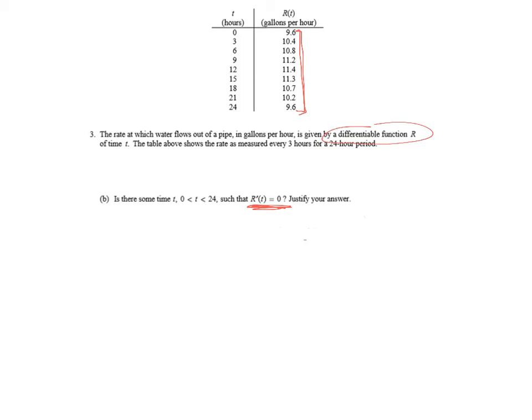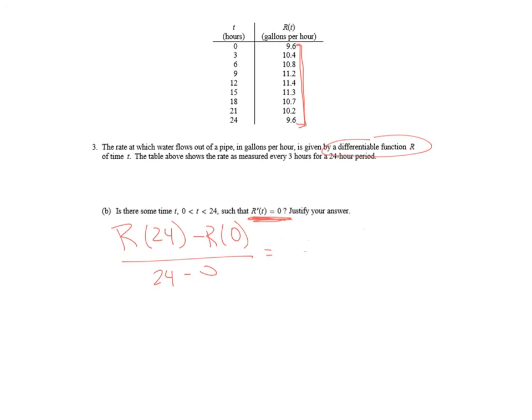If you do your average rate of change, r of 24 minus r of 0 over 24 minus 0, you get 9.6 minus 9.6 over 24 equals 0. Now, what's our justification for that? I have a yes, and the reason is the Mean Value Theorem.